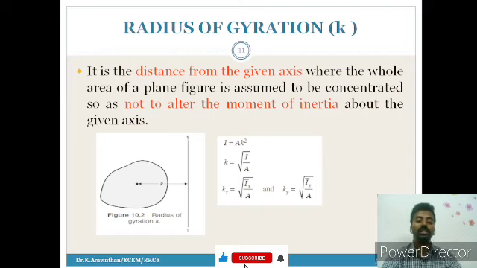If we consider the y-axis, you will have a distance of ky. If you consider the x-axis, then you will have a distance of kx. So you have kx and ky for all the objects.